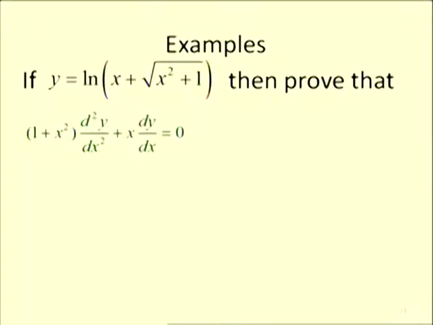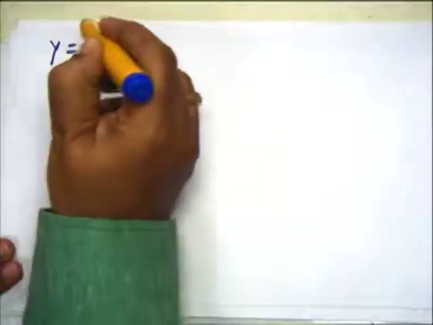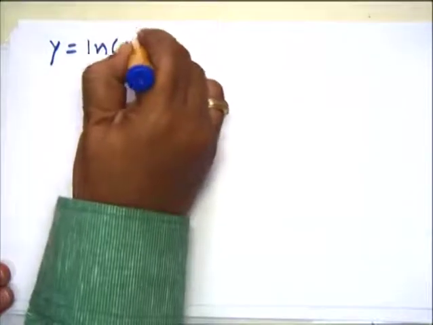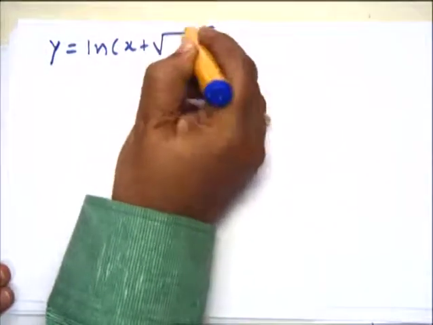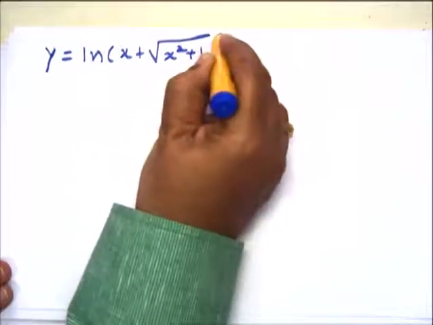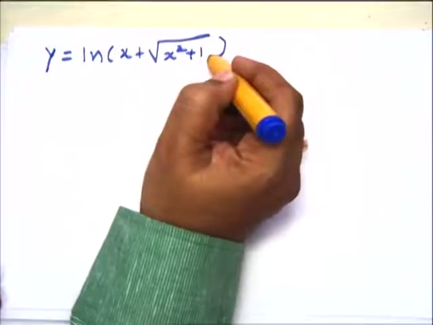So y is equal to log of x plus root of x square plus 1. Then we are asked to prove that 1 plus x square d2y by dx2 plus x dy by dx is equal to 0. So let us solve this example. We are given the function like this.